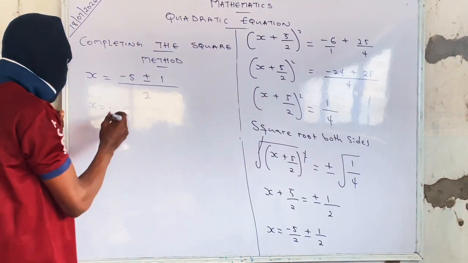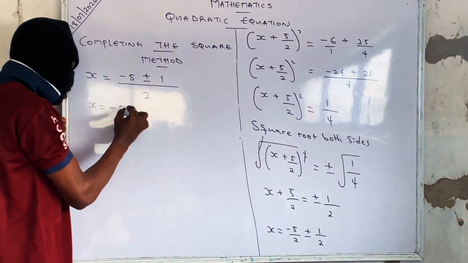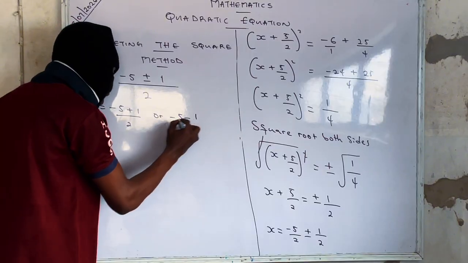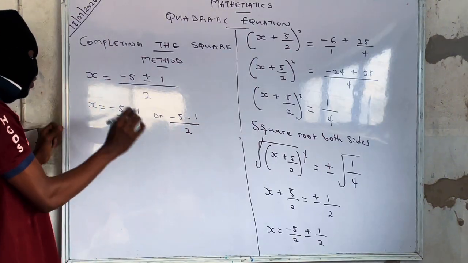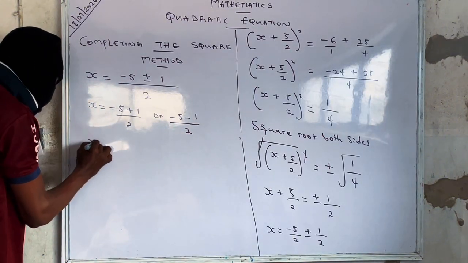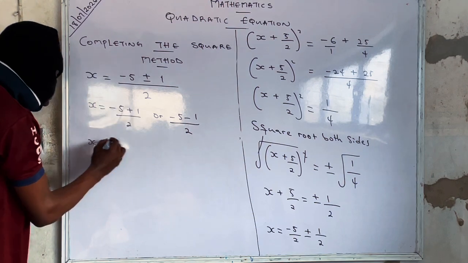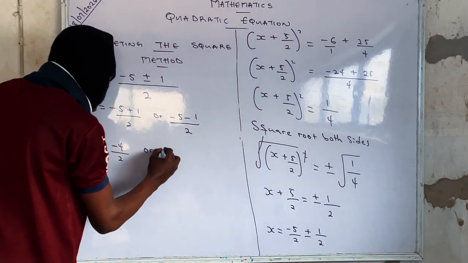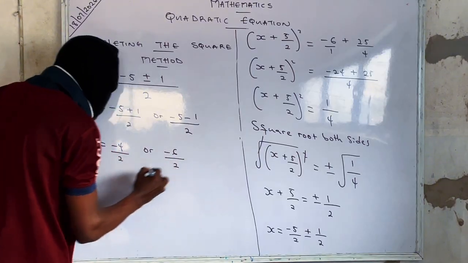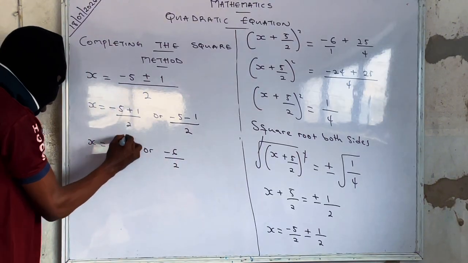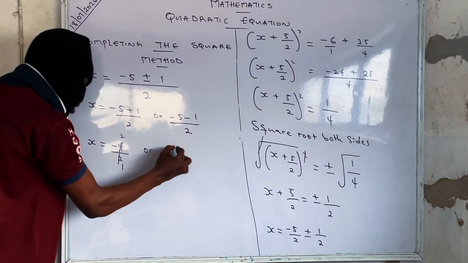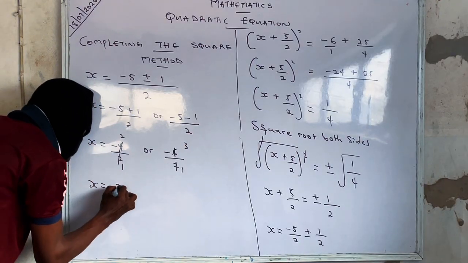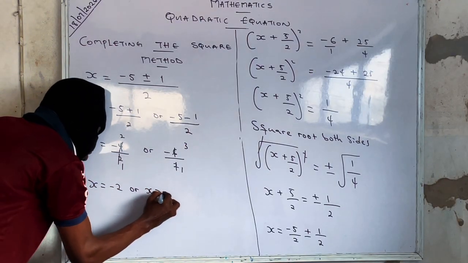It will now be minus 5 plus 1 over 2 or minus 5 minus 1 over 2. Then x equals minus 5 plus 1 gives us minus 4 over 2, or minus 6 over 2. 2 in 4 is 2, 2 in 6 is 3. Then we have x equals minus 2 or x equals minus 3.